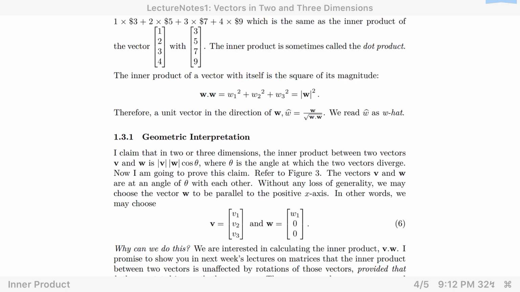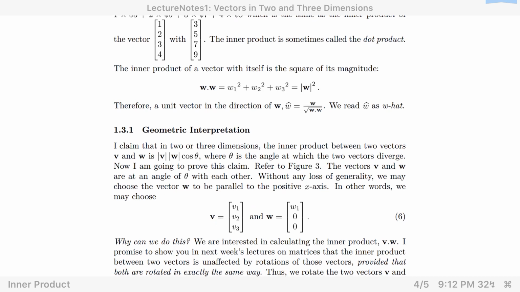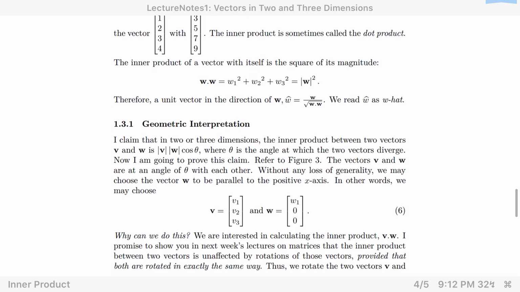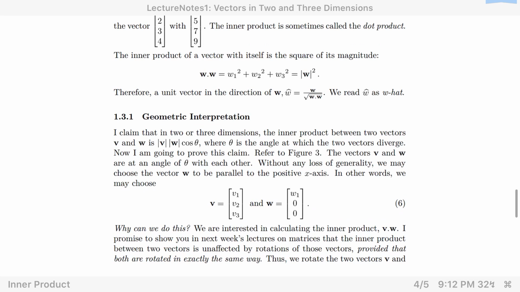Now, if you have a vector w, the inner product of w with itself is of course w1 times w1 plus w2 times w2 plus w3 times w3. Which is the square of the modulus of w, or the size of w, because you know this from Pythagoras' theorem.